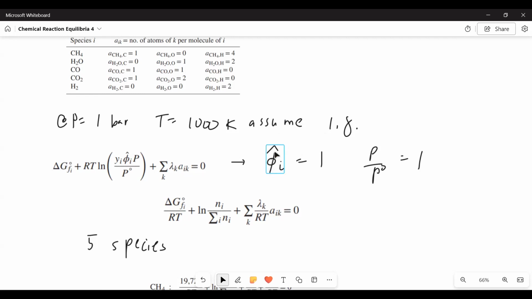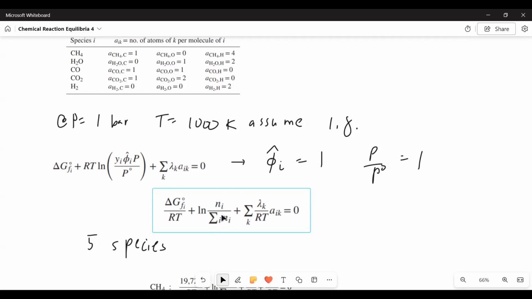With that assumption, the fugacity coefficient in solution, phi hat of each species, can be assumed to be equal to 1. And also P over P naught, since P is 1 bar and P naught is 1 bar, is just equal to 1. That leaves us inside the parenthesis y sub i. And what is y sub i? It's simply n sub i divided by the total number of moles of the species, so the summation of n sub i.